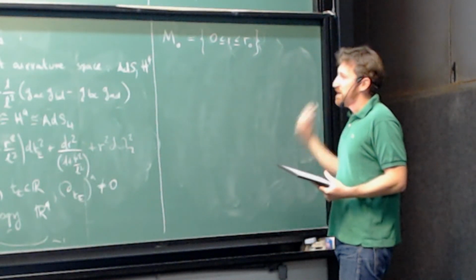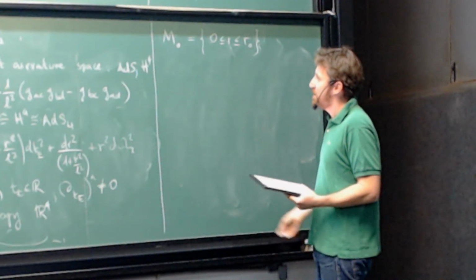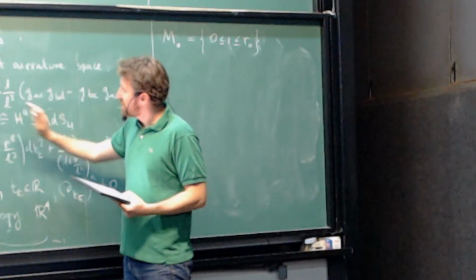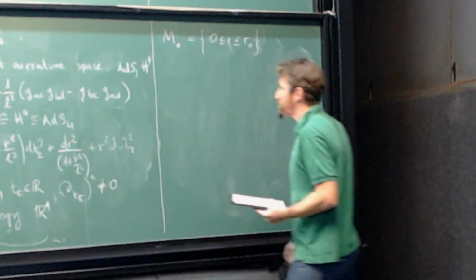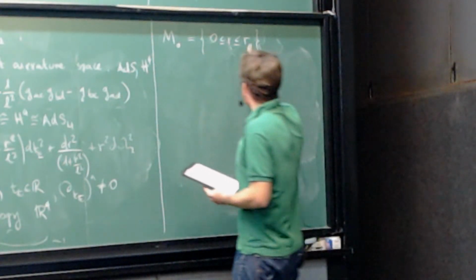L is also called the radius of AdS because it's a length, and for the sphere you would have the actual radius of the space. Okay, so what happens on R0?